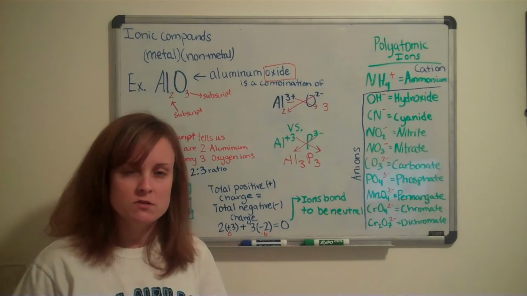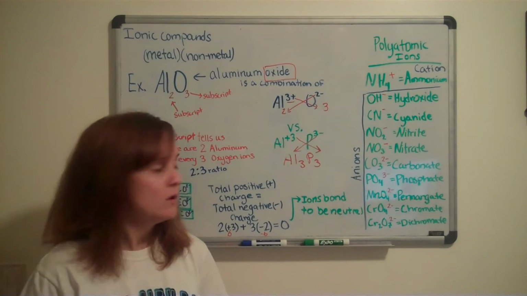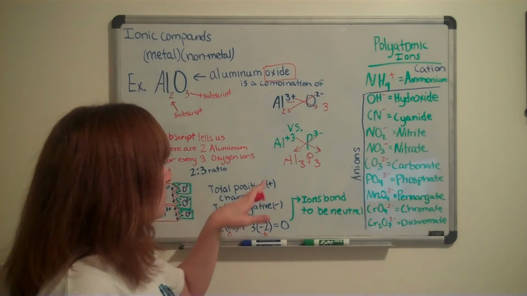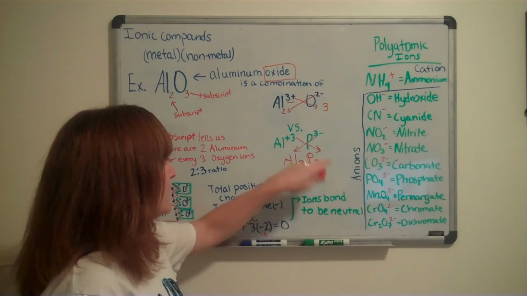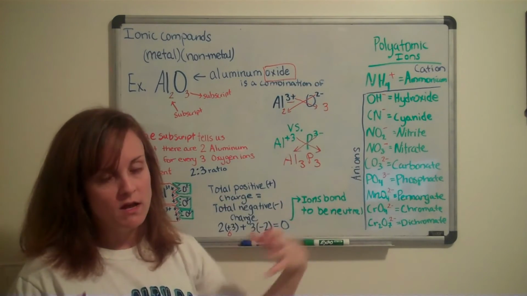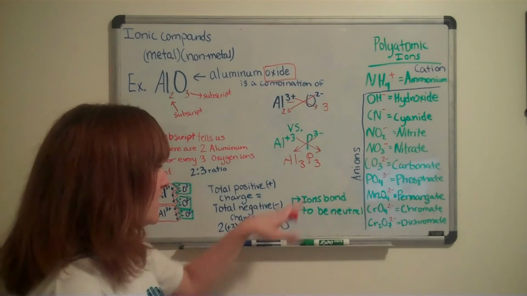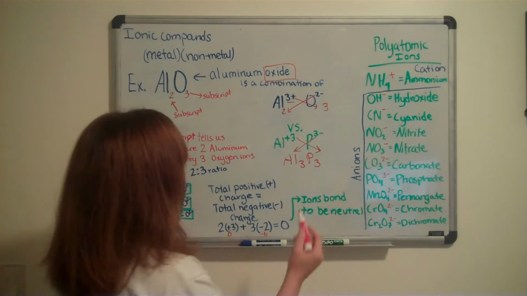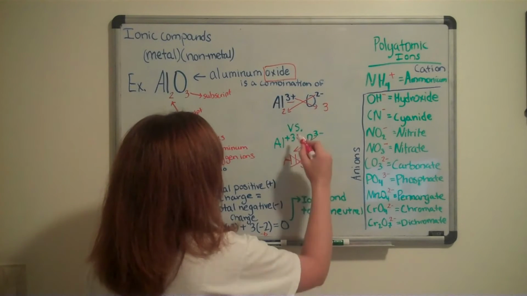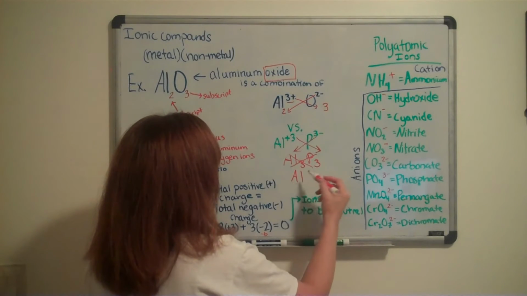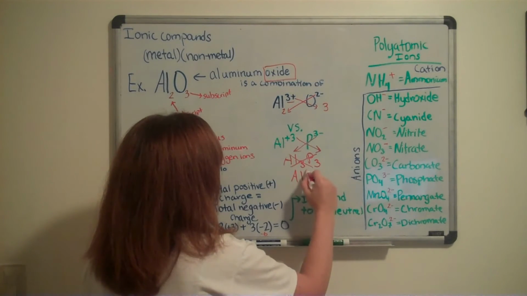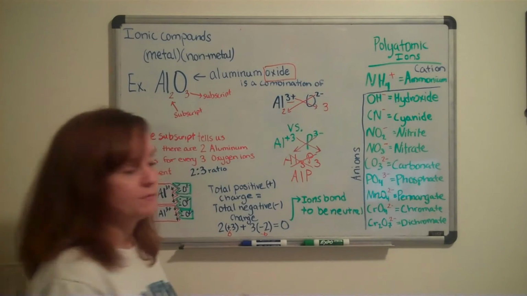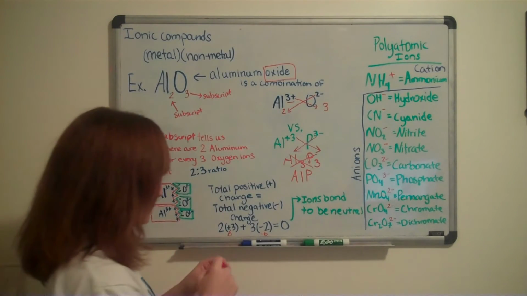So it's kind of like reducing a fraction to the lowest term. If the charges are the same, you don't have to put any subscripts there because the ratio is 1 to 1. So this is not going to be correct. It's going to be AlP, no subscripts, if that compound actually forms.